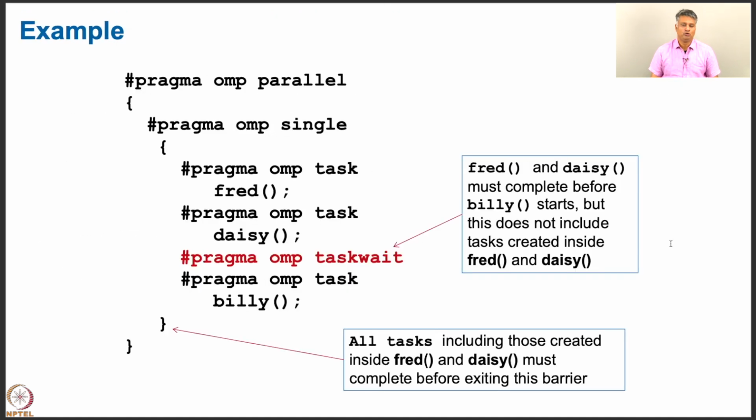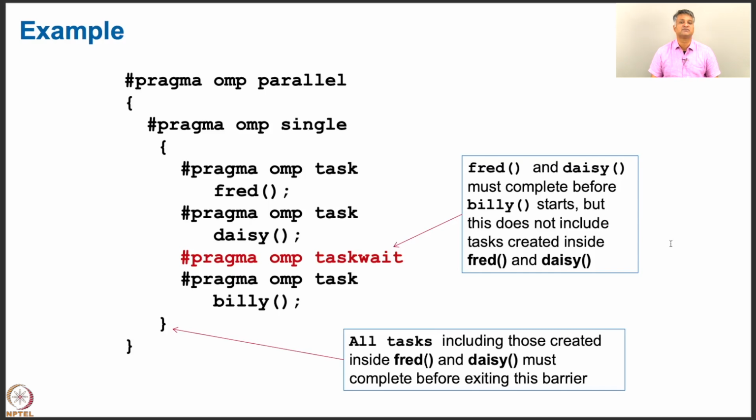If you look at this example, you have a single thread which is creating several tasks. One is to execute Fred, the other is to execute Daisy. When we put a pragma OMP taskwait after Daisy, Fred and Daisy must complete before Billy starts. But this does not include tasks created inside Fred and Daisy.